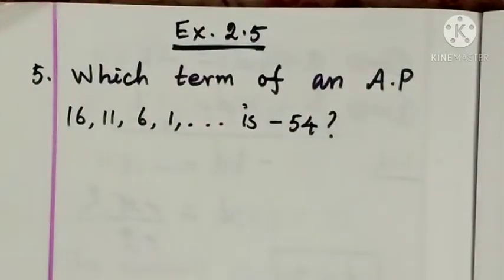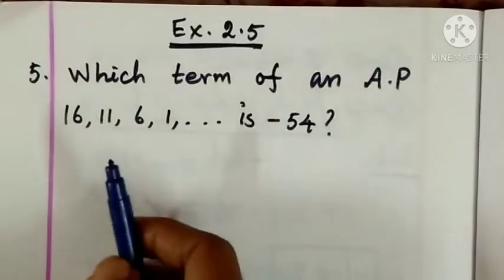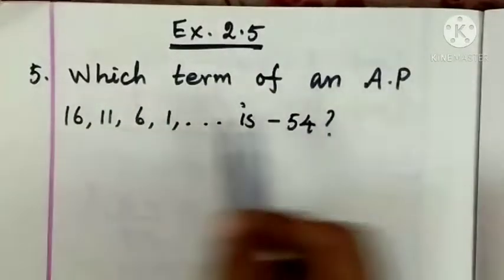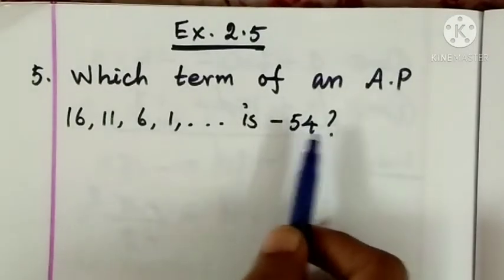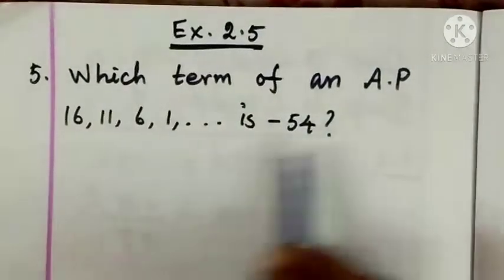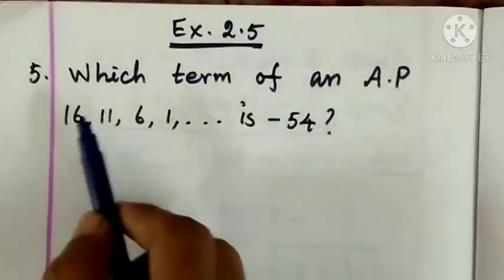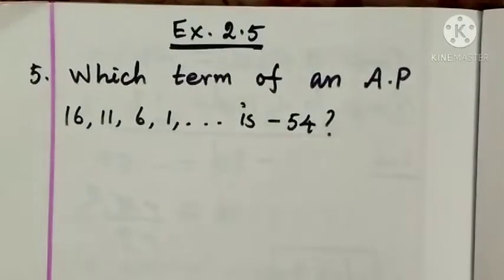Now, we move on to the exercise sums. Exercise 2.5, fifth sum. See the question. Which term of an AP is minus 54? In this question, the AP is given. Here we have to find which term is minus 54.